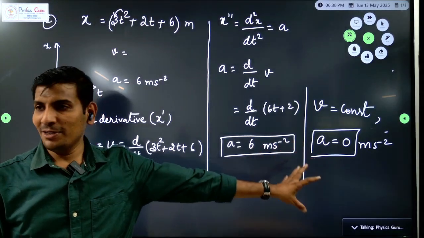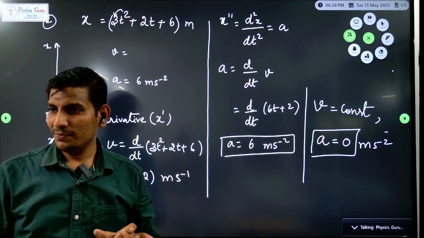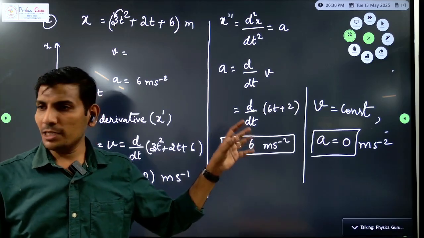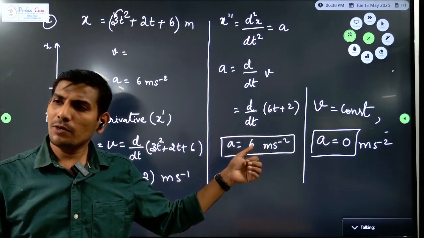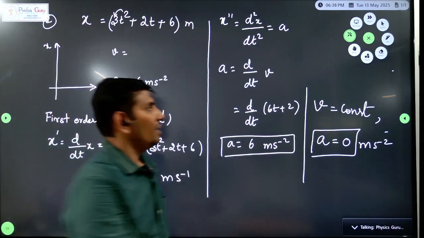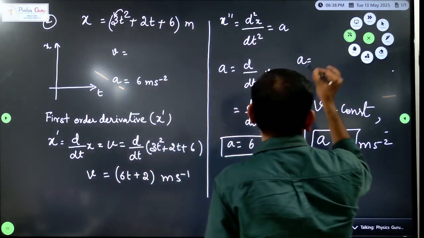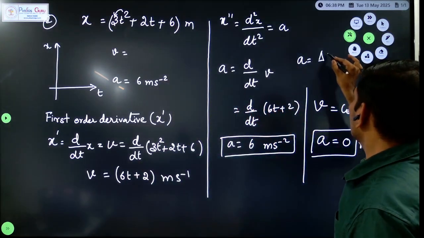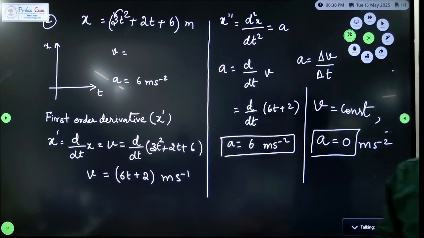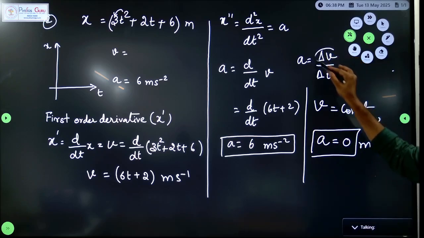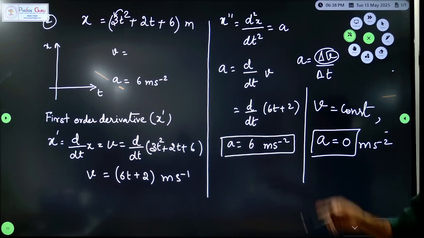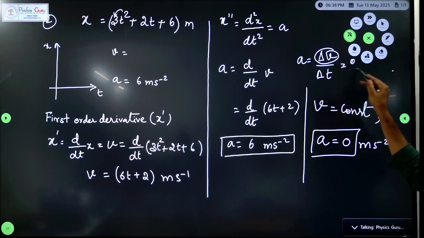Shri, what I describe is a body is moving. It has got a constant velocity. So naturally what will happen to the acceleration? 0. Because acceleration is equal to change in velocity divided by change in time. I am saying that velocity is not changing, that means change in velocity is equal to 0.